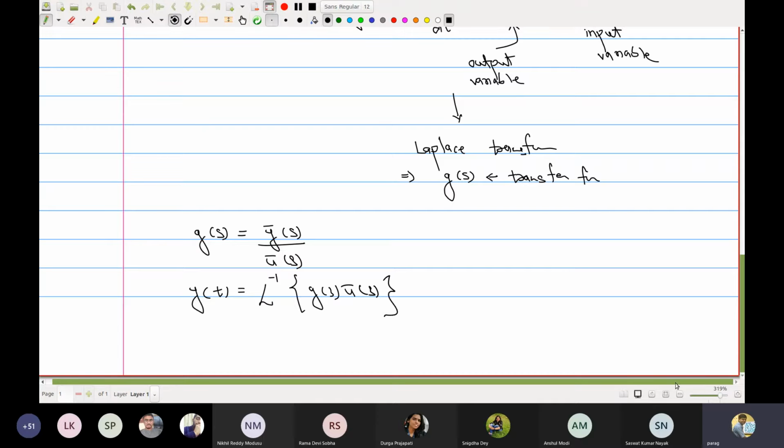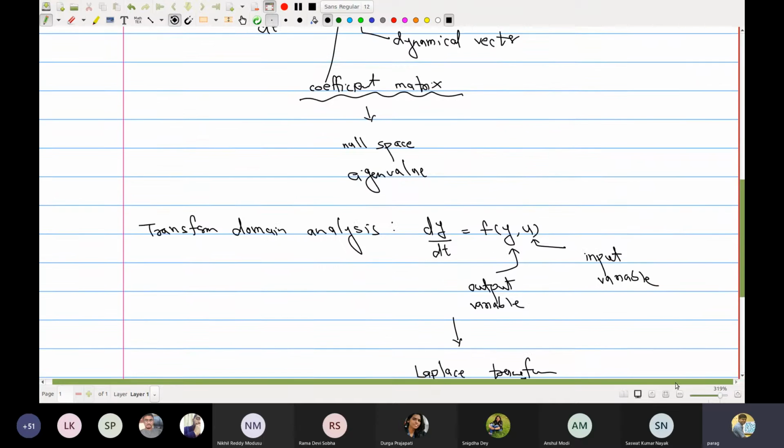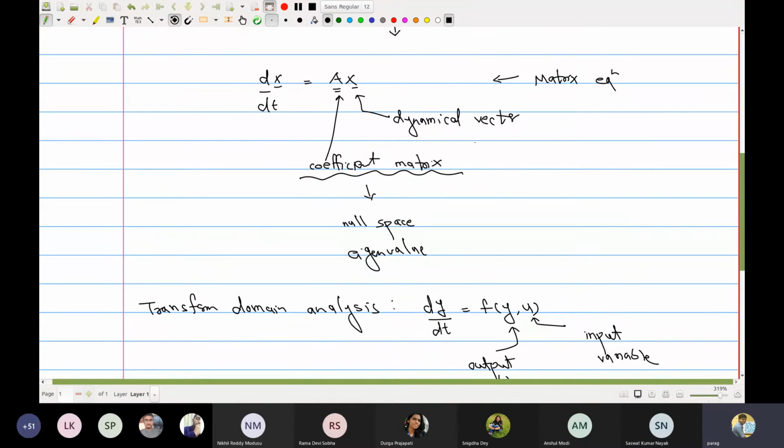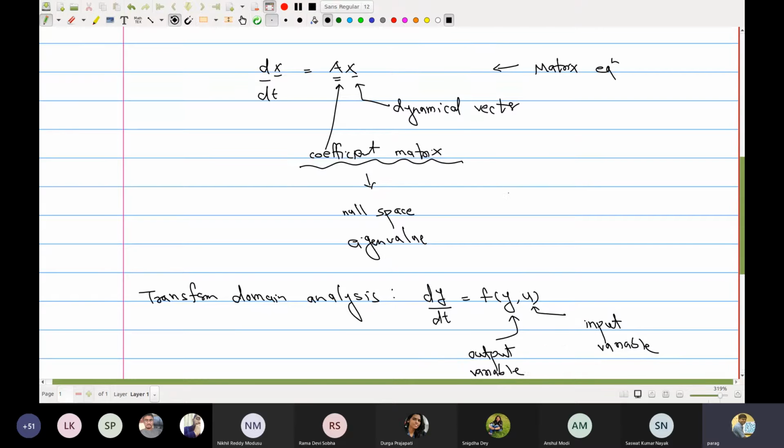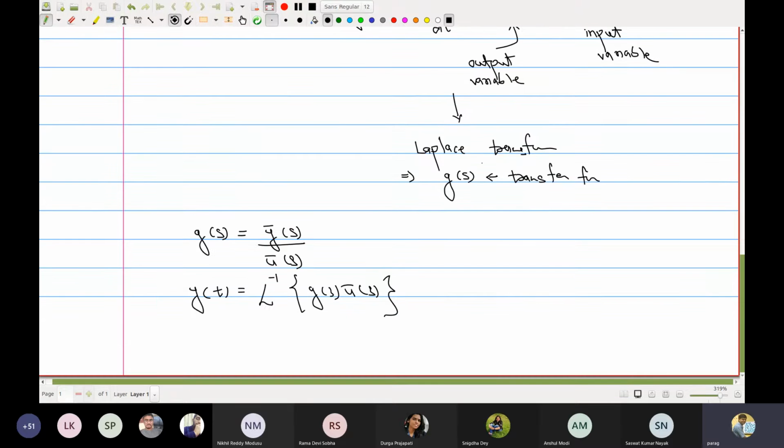So now the way you used to look at the coefficient matrix to determine the entire dynamics of the system, you can look at the transfer function in transform domain modeling to know the dynamical features of the system, right?